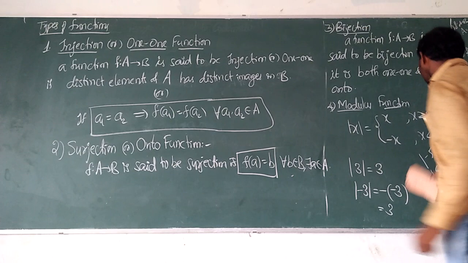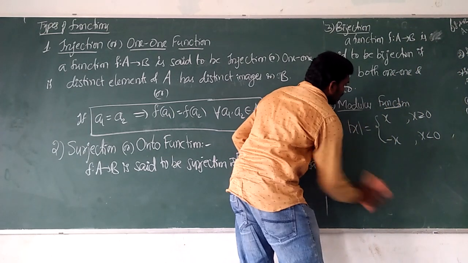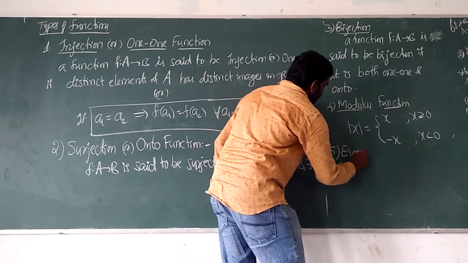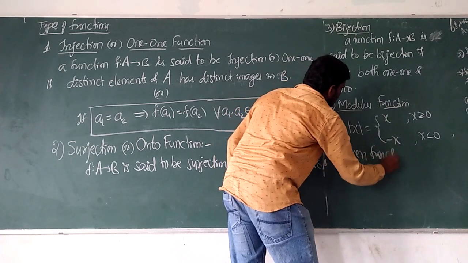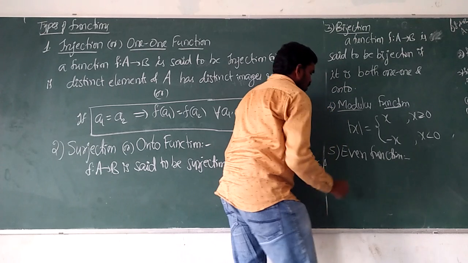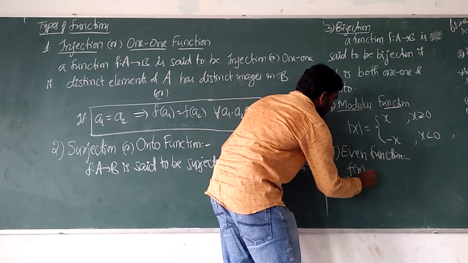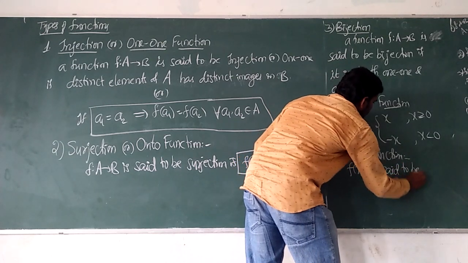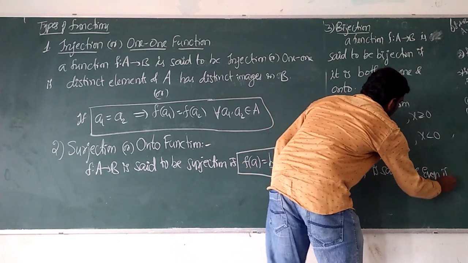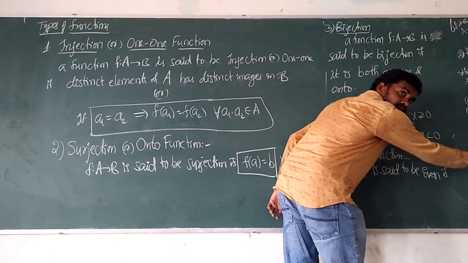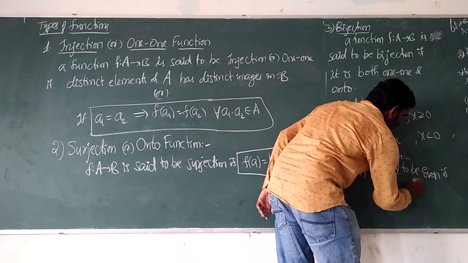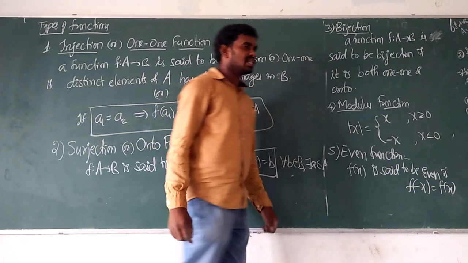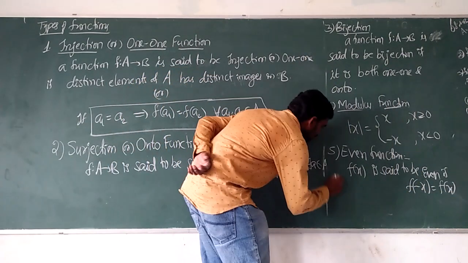This is modulus function. So next, even function. The even function definition is important. Suppose f of x is a function, it is said to be even if f of minus x is equal to f of x, then we can say that f is an even function.